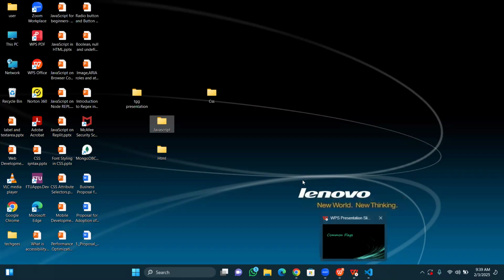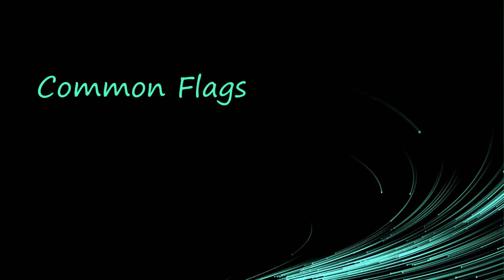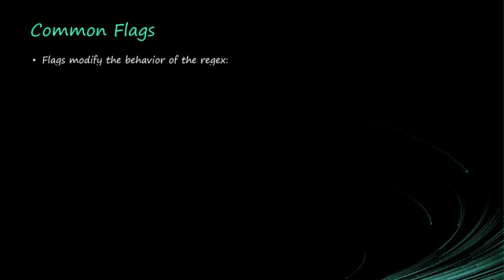Now let's talk about common flags. We have up to 5 flags, but we'll be talking about the 2 most commonly used. We use flags to modify the behavior of regular expressions. Just like you have seen, the JavaScript didn't match the other JavaScript because of the capital S and the lowercase s.